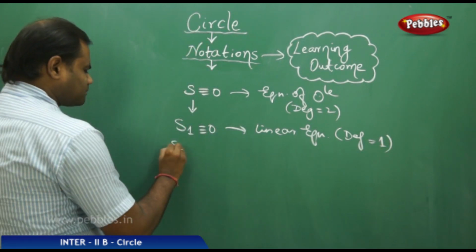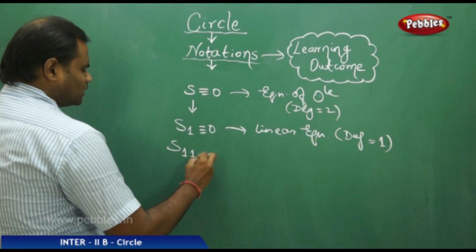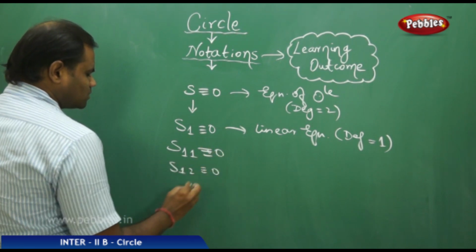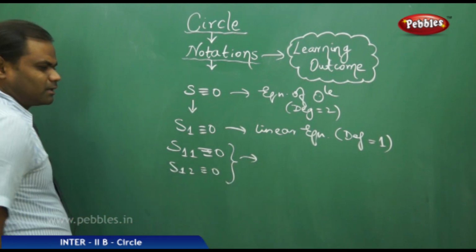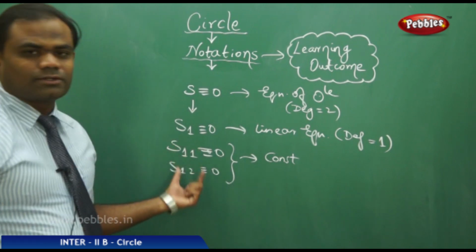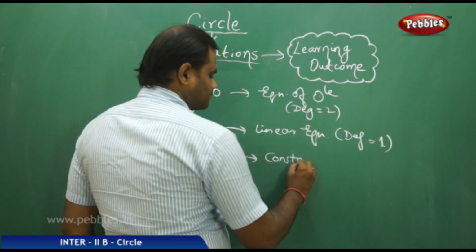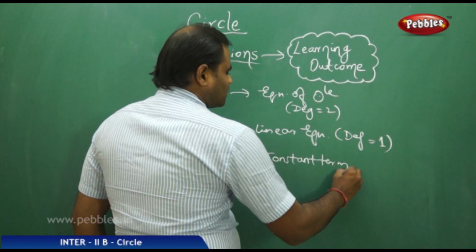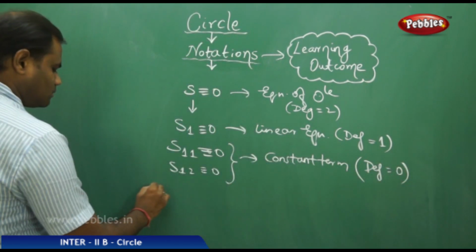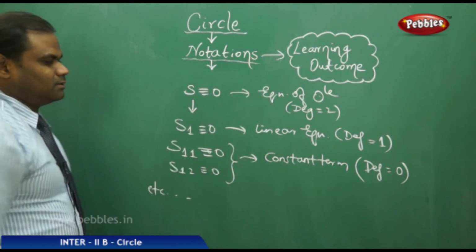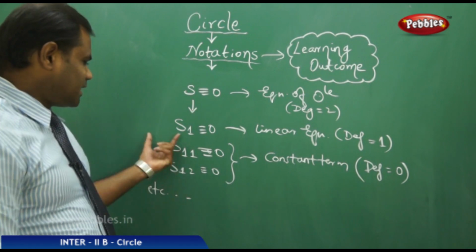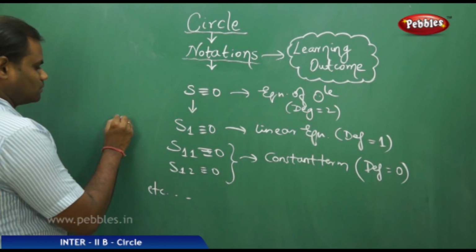And when I take S11 equal to 0 or S12 equal to 0, these come under constant terms because they give a constant value when you simplify, a constant term whose degree is equal to 0.